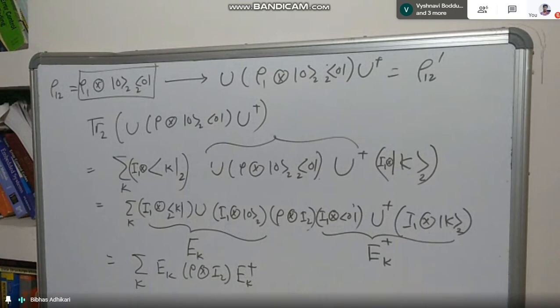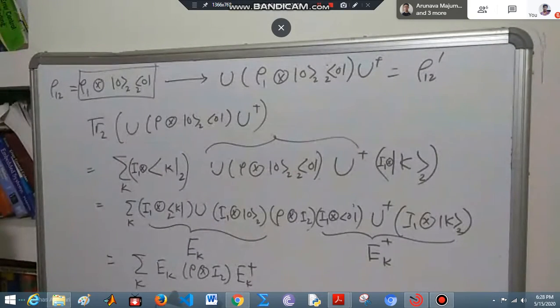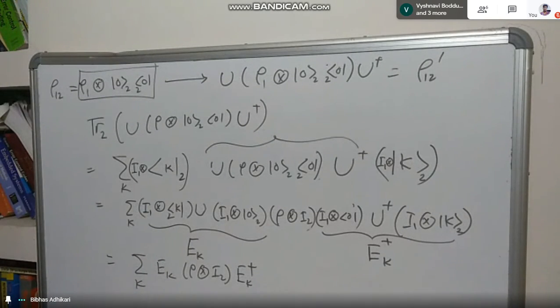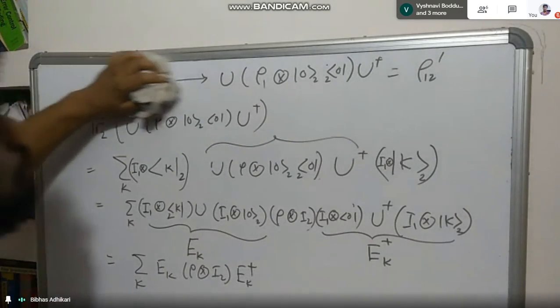And I want to find out what these EK and EK dash are. And it is interesting to see that these EK matrices have a nice property. What will these EK matrices be?